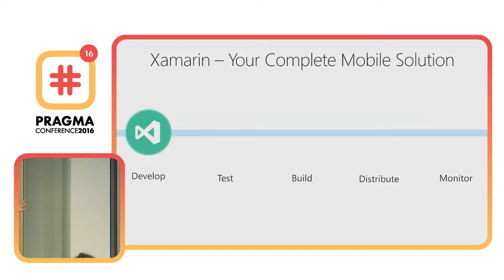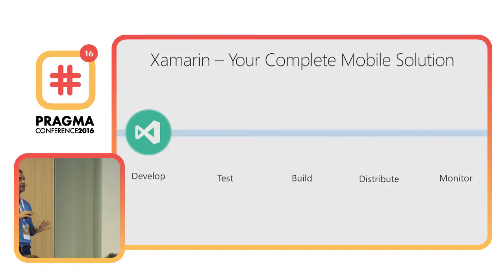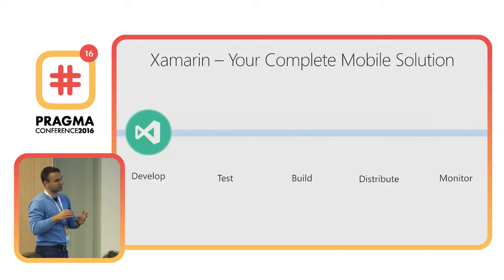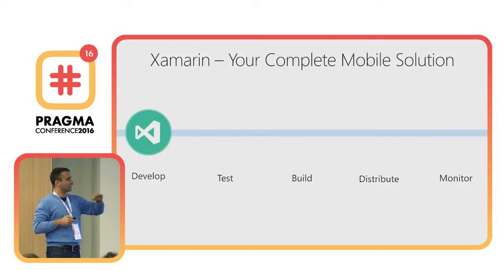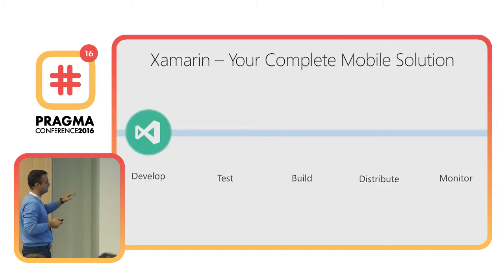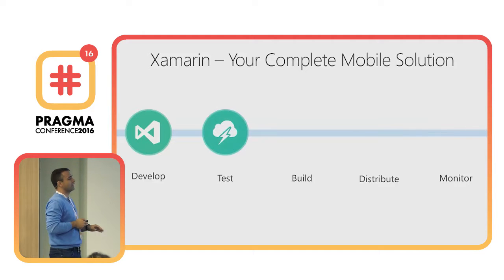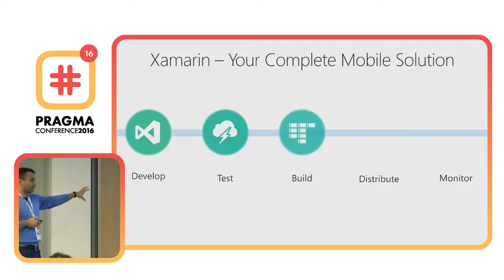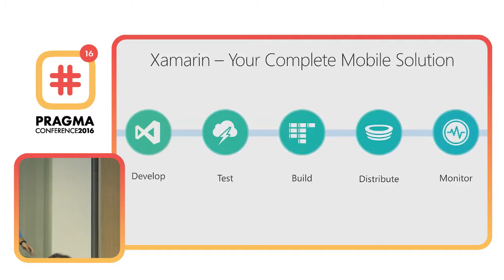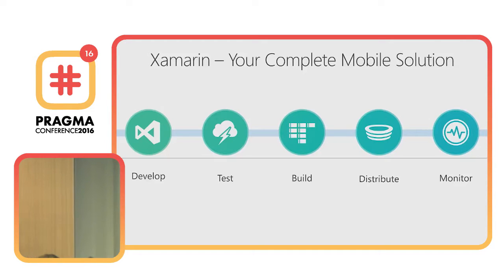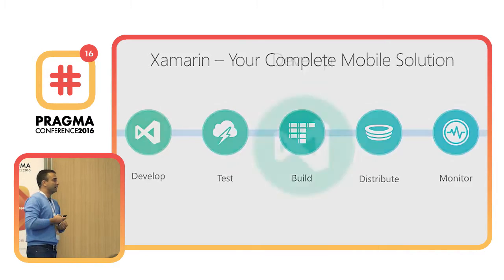So the infrastructure of Xamarin has a 360 degrees look at application lifecycle development. We start with develop, then we have solutions for testing, for building, distributing, and monitoring your application. We will start with the development part.